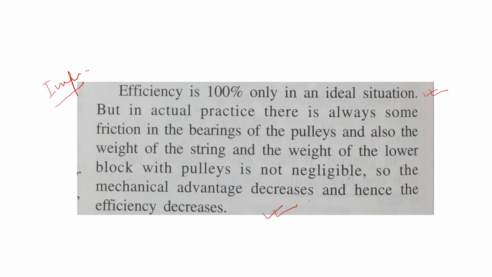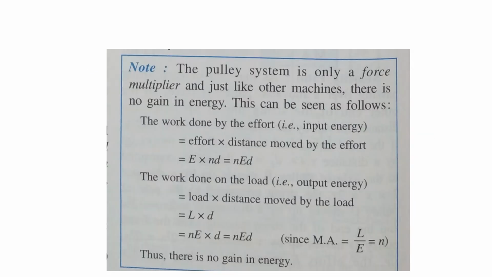Am I clear? The pulley system is only a force multiplier. It's only a force multiplier. And just like other machines, there is no gain in energy. This can be seen as follows.